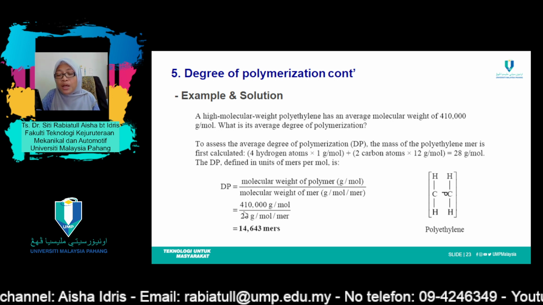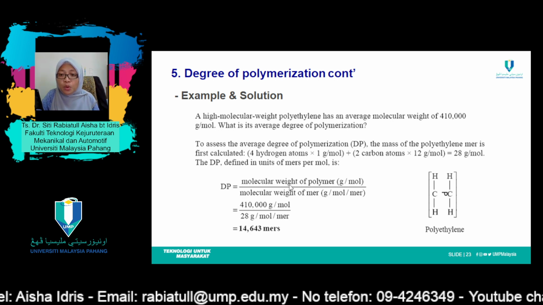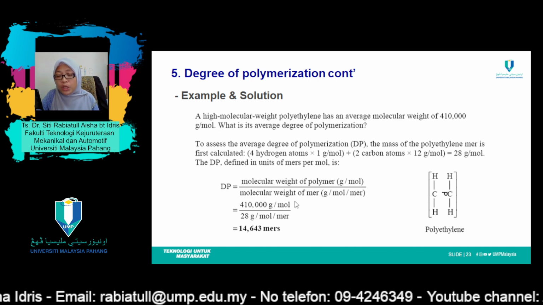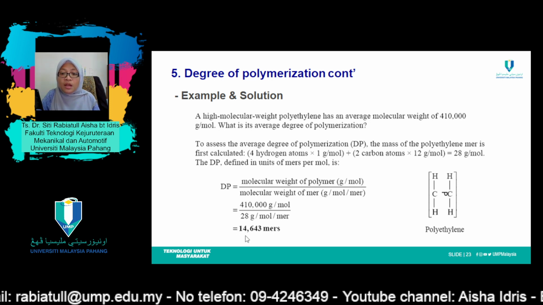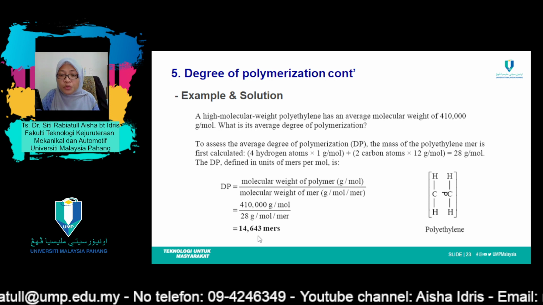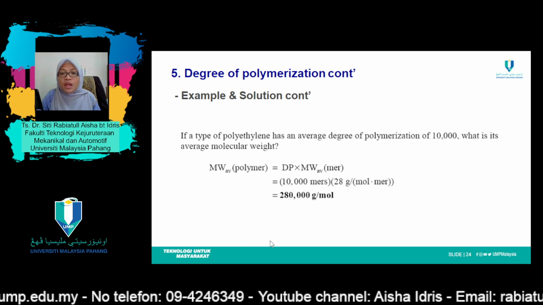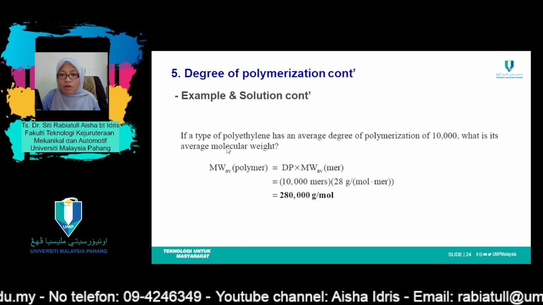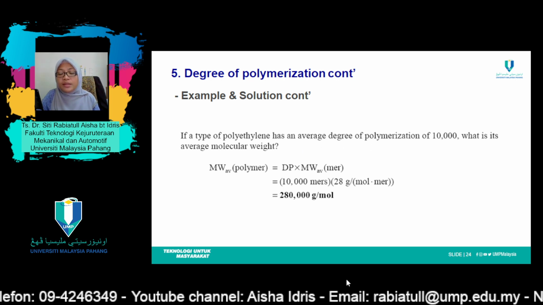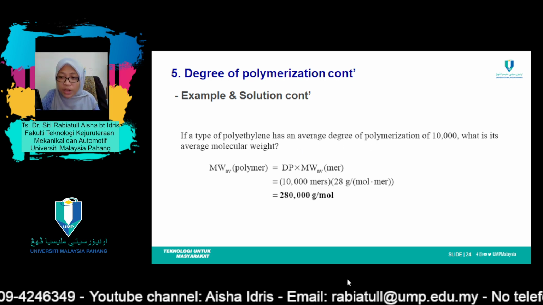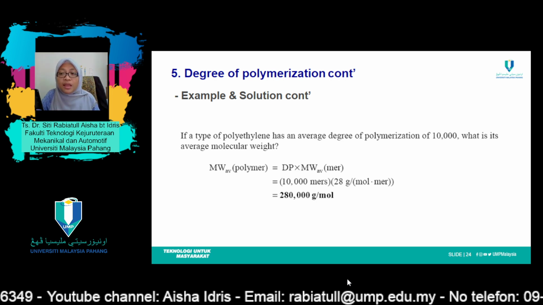Therefore, dividing the molecular weight of the polymer by the molecular weight of the mer, you should be able to get 14,643 mers.